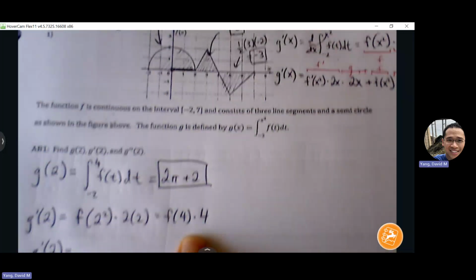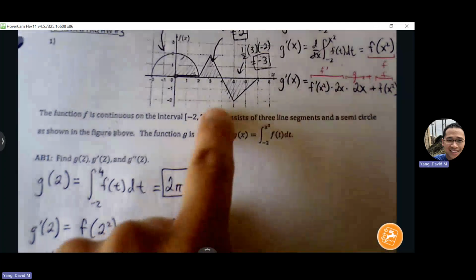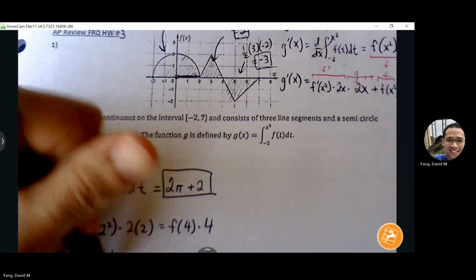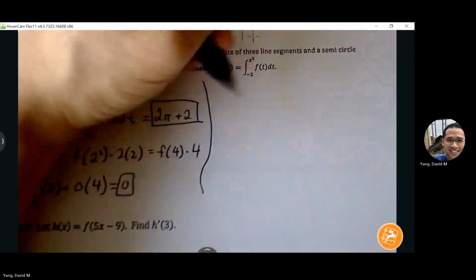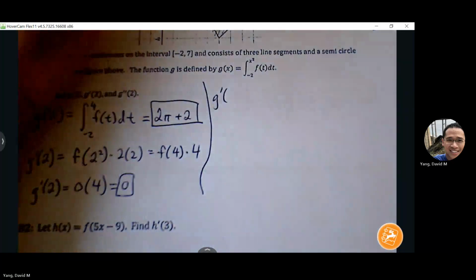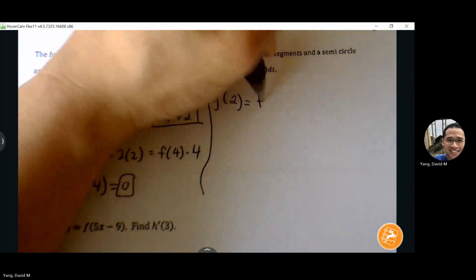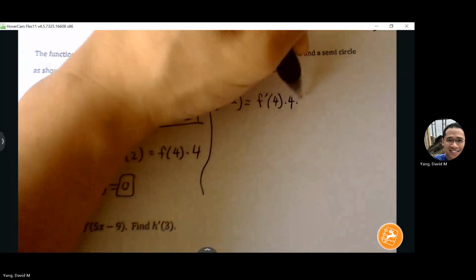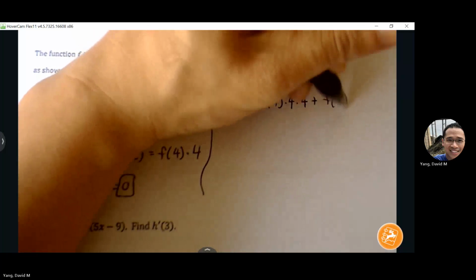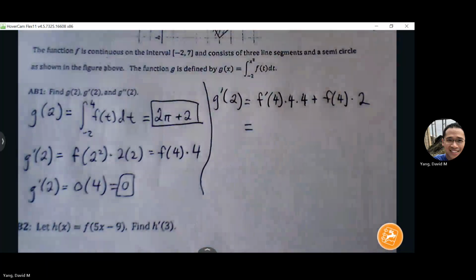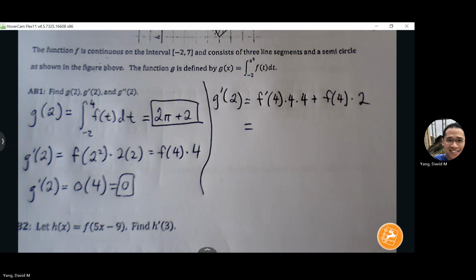What's f of 4 equal to? 0, yeah. How can I find f prime of 4?